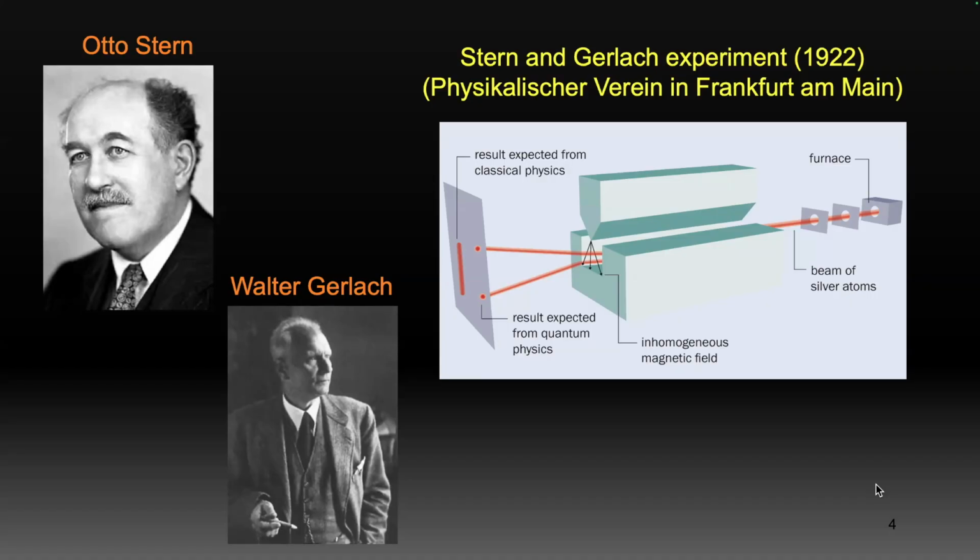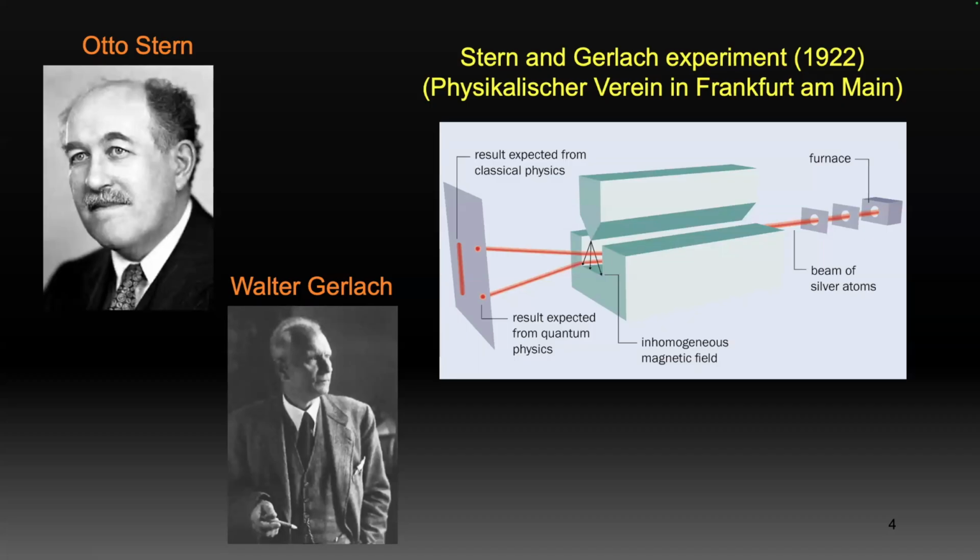And in this molecular beam experiment, in fact, they found something very unusual. Namely, it's an experiment where a beam of silver atoms goes through an inhomogeneous magnet, and they were expecting the silver atoms to have a magnetic moment because of orbital angular momentum. They were not thinking about spin.